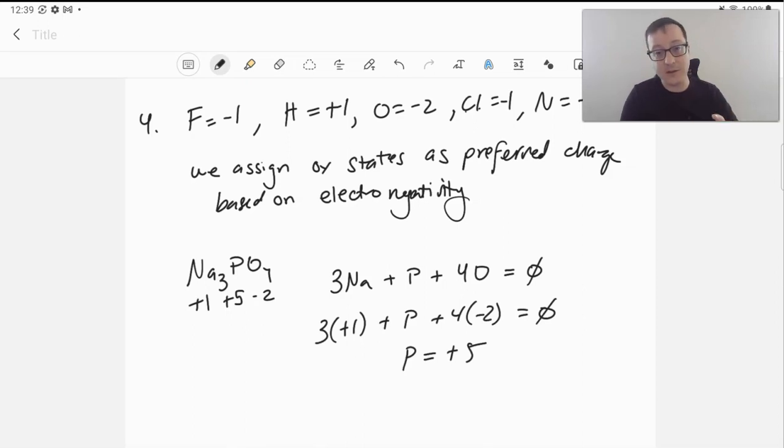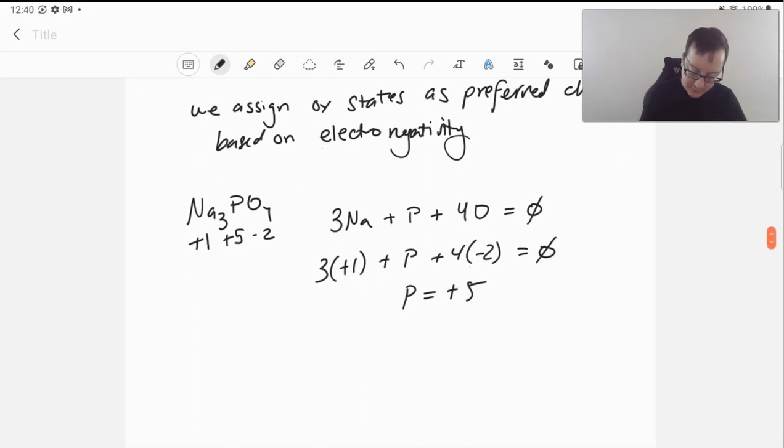This is all unique to this compound. Your oxidation numbers can vary in different contexts. For example, if we had sodium phosphite instead, phosphorus would have a different oxidation number, and it would be plus 3 in that case. But the point is that we're going to want to calculate ones that we don't know offhand.